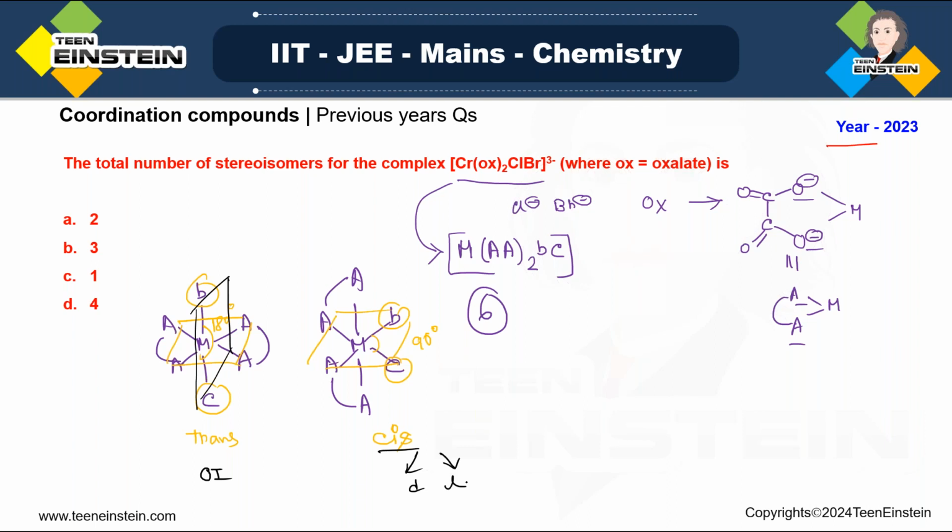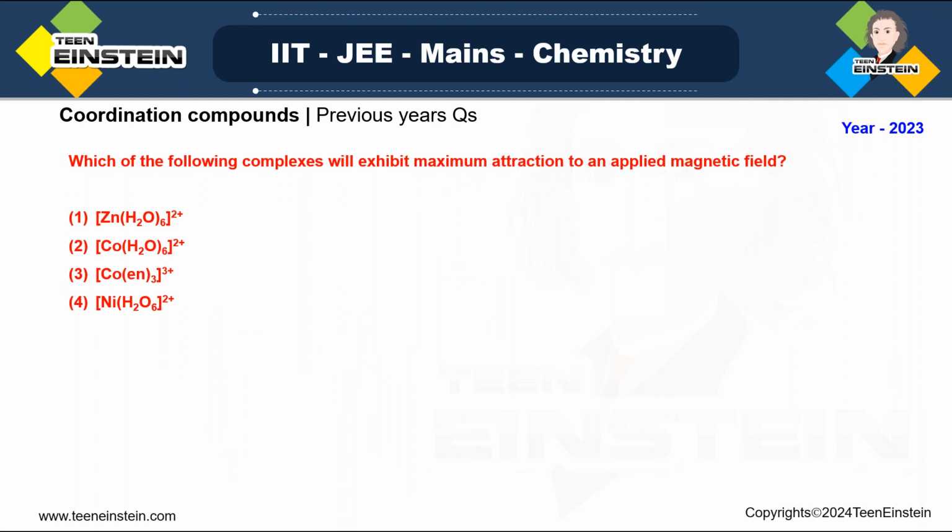One will be D, another will be L. So from cis we are getting a total of 2, and from trans it is only 1 because it is optically inactive. But in the cis case we can get mirror images, so 2 more possibilities are there. Now 2 plus 1, the total number will be 3. So option B is the correct option, as you can see here. And you can also apply the same discussion for another type of complex where you have 2 symmetrical bidentate ligands like this and any other 2 monodentate ligands.